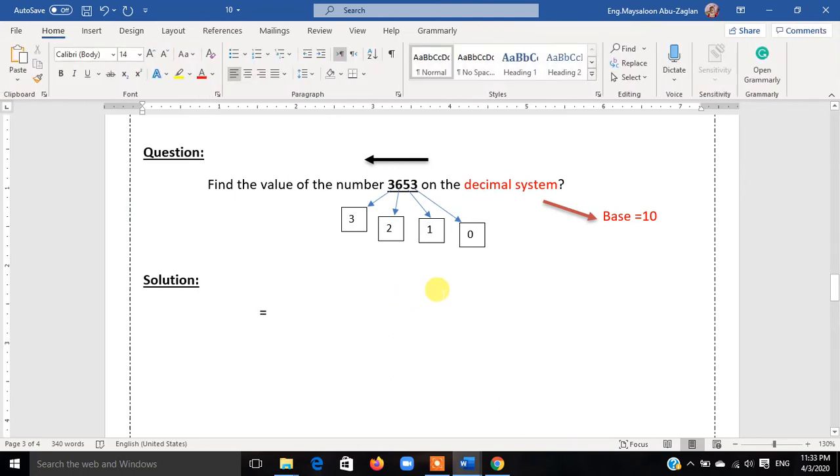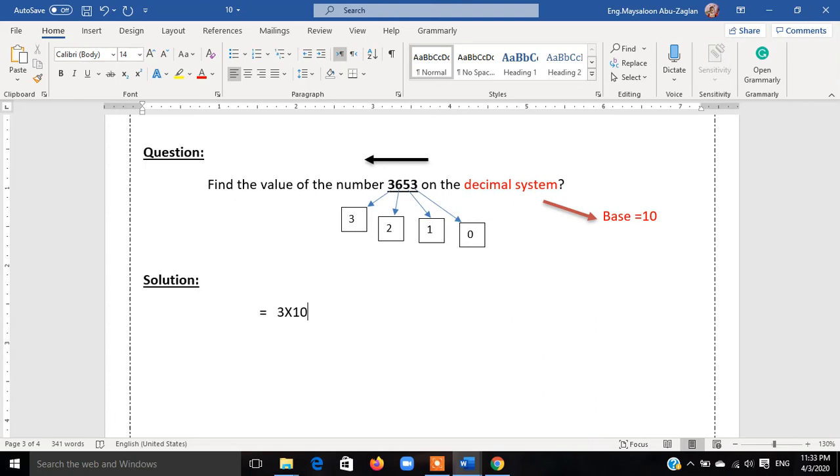So now we put the main steps for finding the solution for my question. First step, I'm going to deal with the first number, so I'm going to say that it will be 3 multiplied by 10.